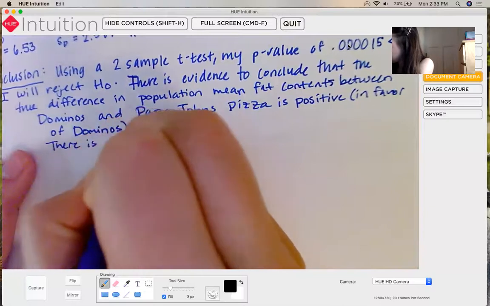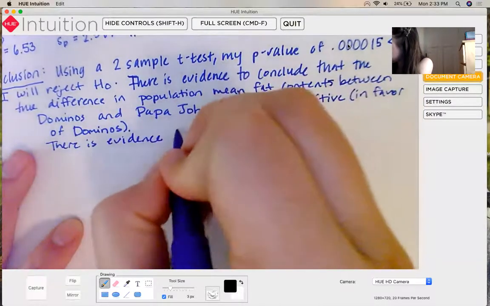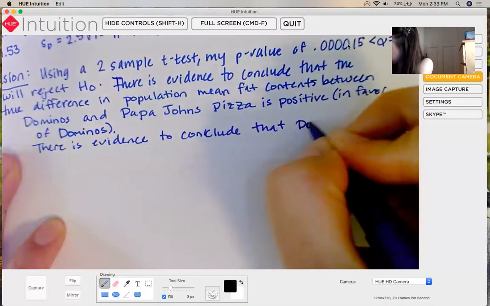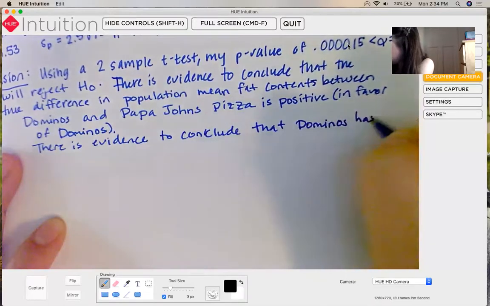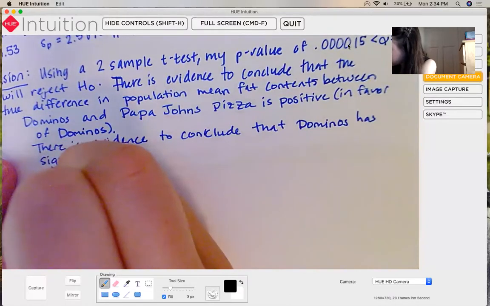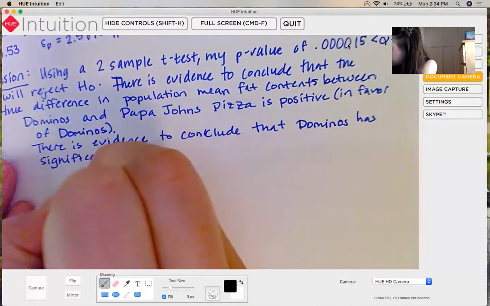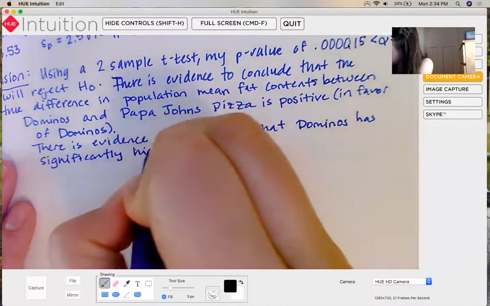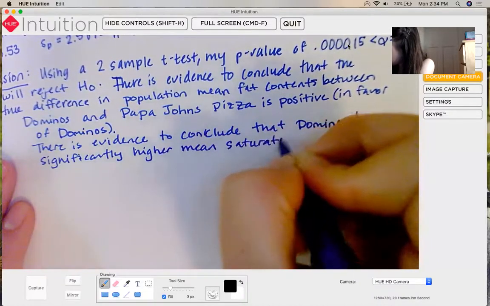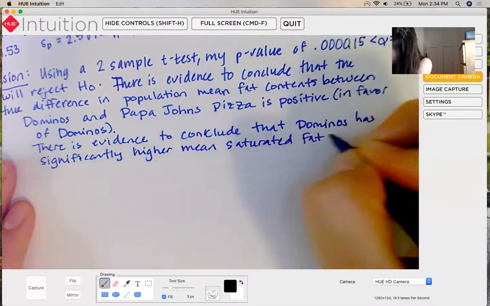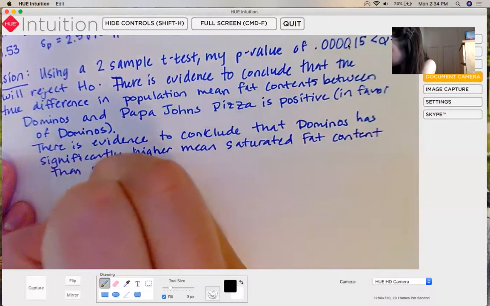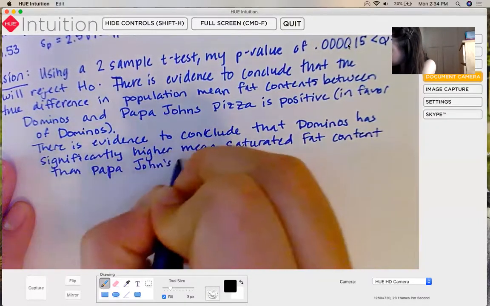I'm just going to answer the original question to conclude that Domino's has significantly higher mean saturated, I'm going back to the original problem and just copying it, fat content than Papa John's Pizza.